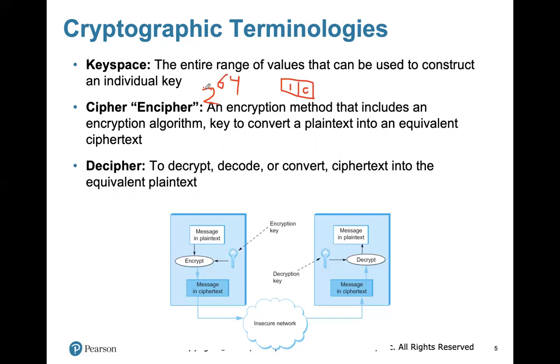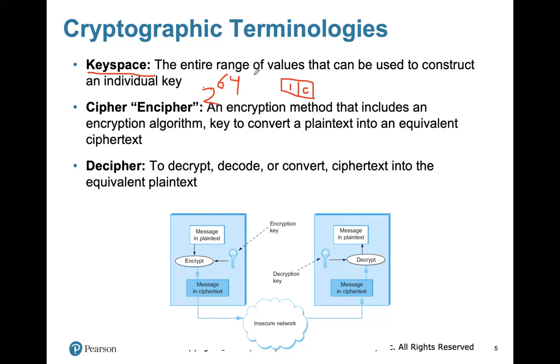Anyway, the total number of keys possible for a cryptographic system is called the key space. The reason we define key space, and the reason it is important for us, is that there is one known and very important attack called brute force, in which the attacker tries to apply all possible keys.